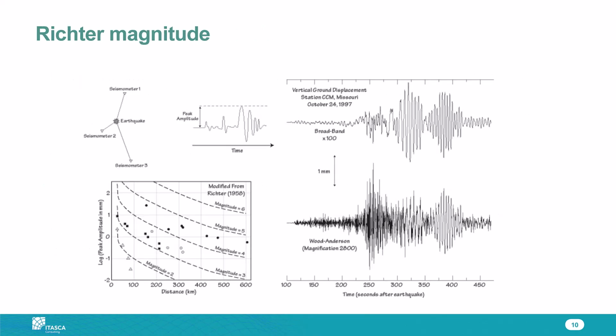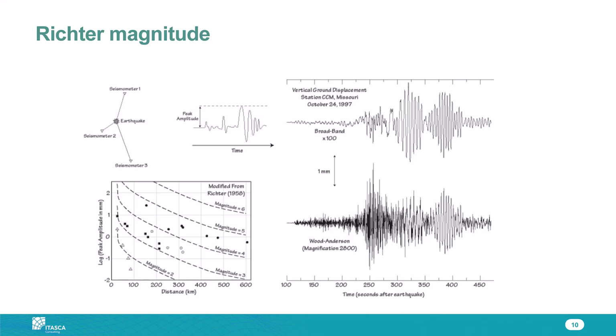So Richter magnitude is a function of distance and the logarithm of the peak amplitude. Basically, what Richter did was he took a few measurements of earthquakes using a Wood-Anderson seismometer. Now, we don't typically use Wood-Anderson seismometers in the mine. We don't have those.